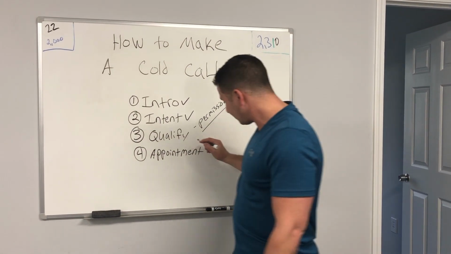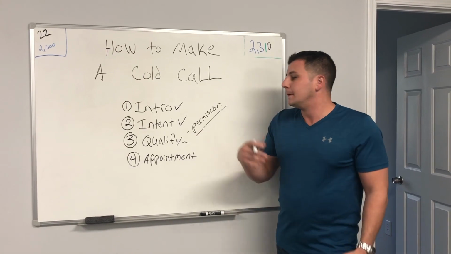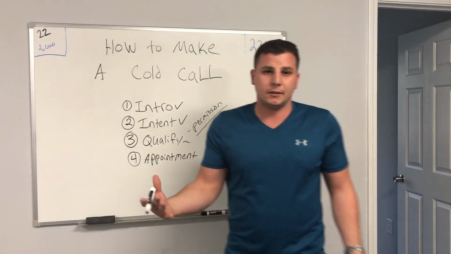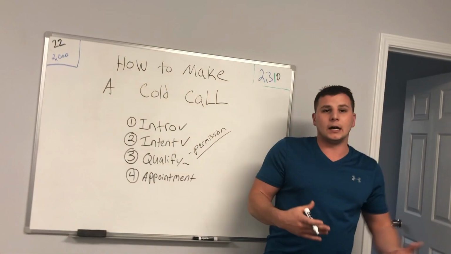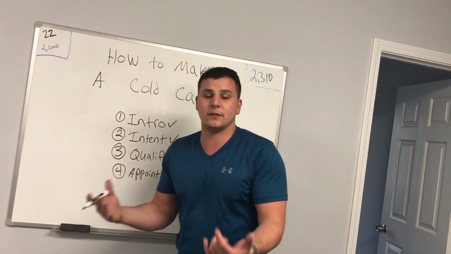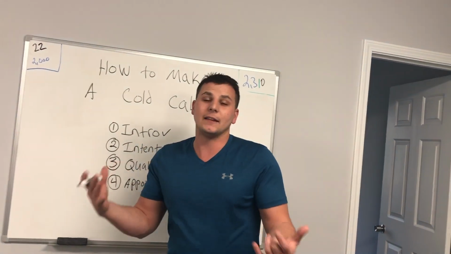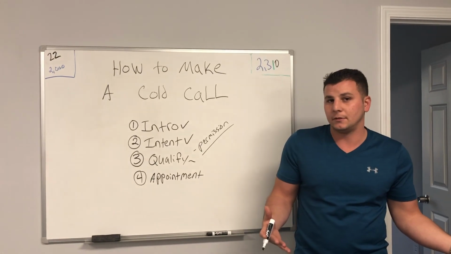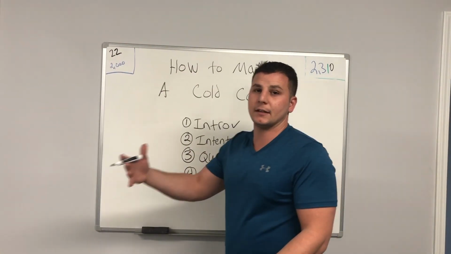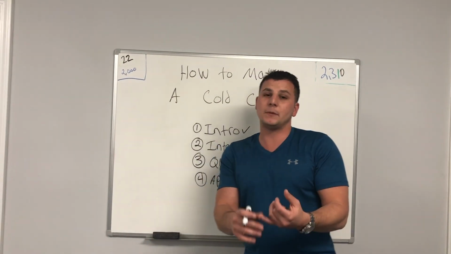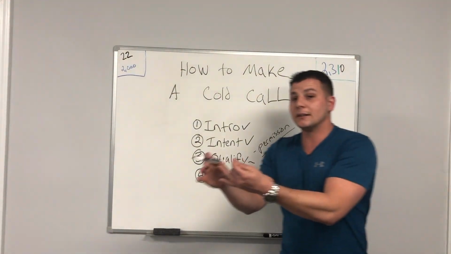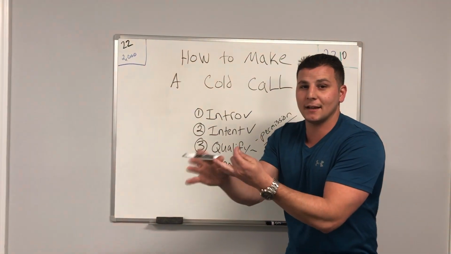But then, once you go into the qualify, if you're in the cell phone industry, you can say, hey, have you ever dropped your phone? Is there any scratches on it? Okay. A lot of people make payments on their cell phone, right? Have you made your payments on time? With a vehicle, have you made your payments on time? Real estate, have you made your payments on time?